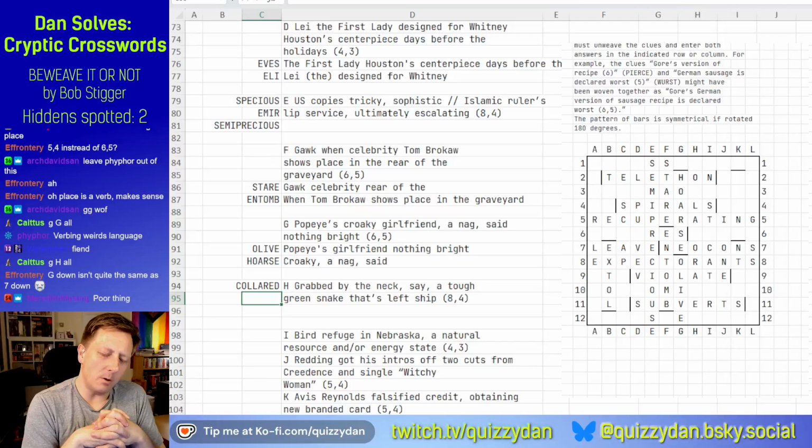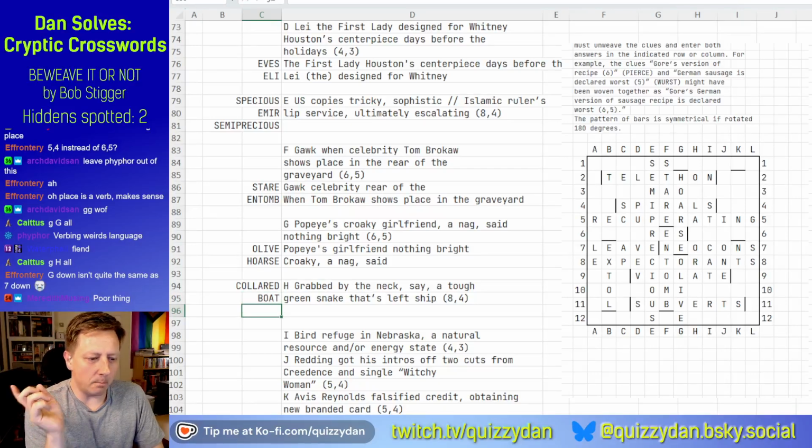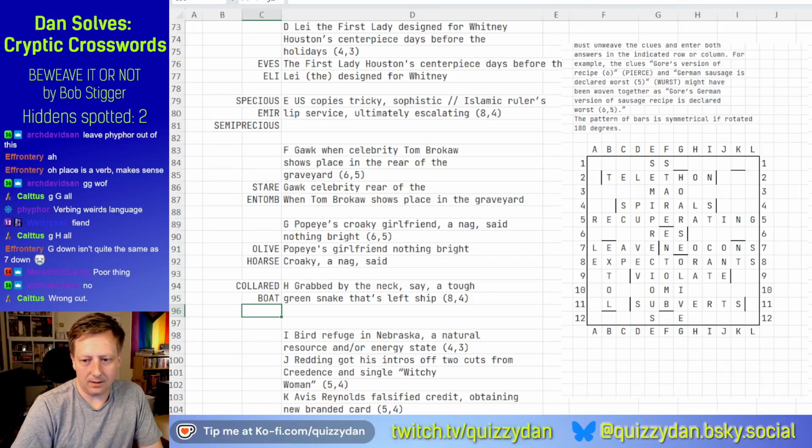That's a boat somehow becomes boa, or yeah, boat. Because a green snake is a boa. Don't know where the word tough is going in. That's left. The left letter of that is T, and so you get a ship, boat, and we're going to get collaborated if we do that.